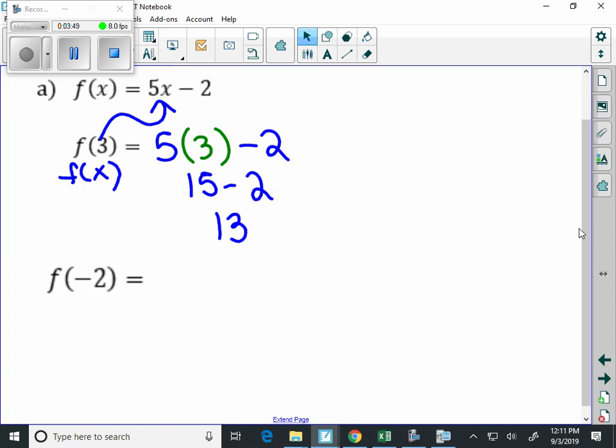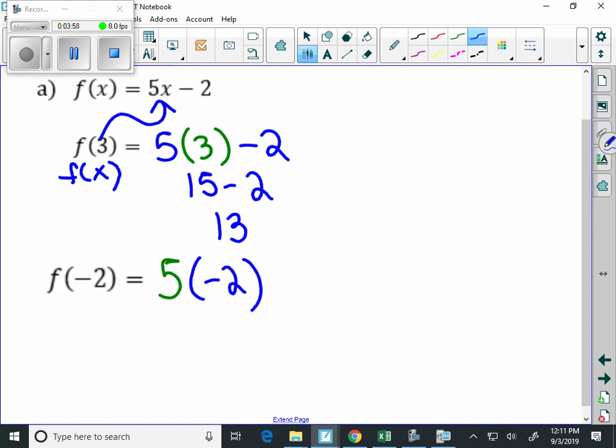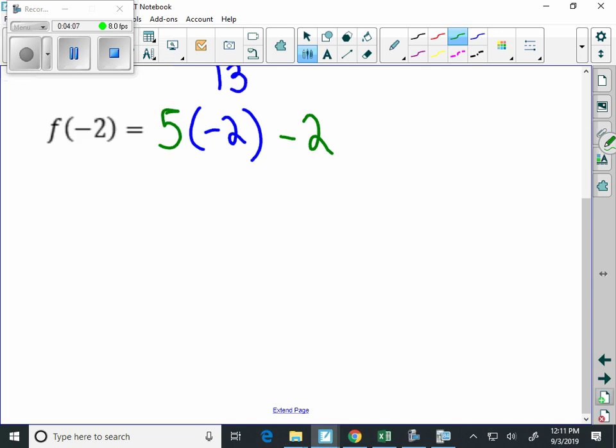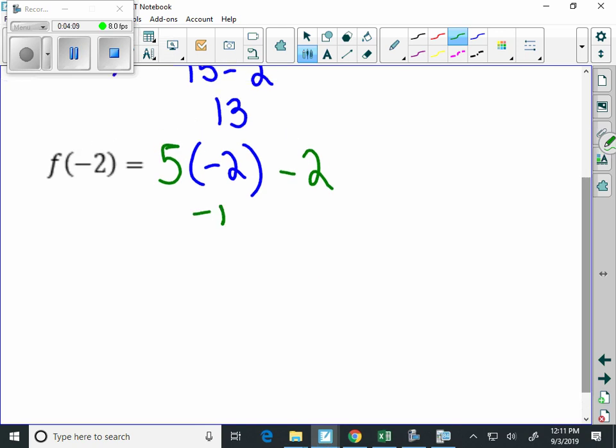It's another input, and in this case it's going to be 5. Instead of writing x, this time we're going to put in -2 minus 2, and then we can do the math. And feel free to use your calculator if you need to. 5 times -2 is -10 minus 2, and our output is -12. X, -2, input. Y, -12, output.